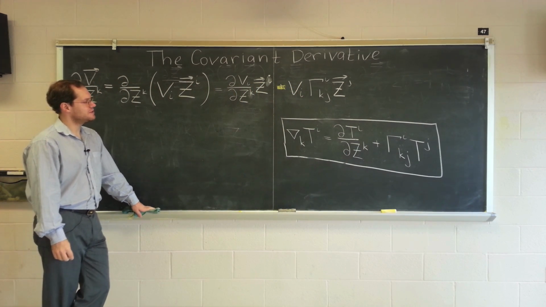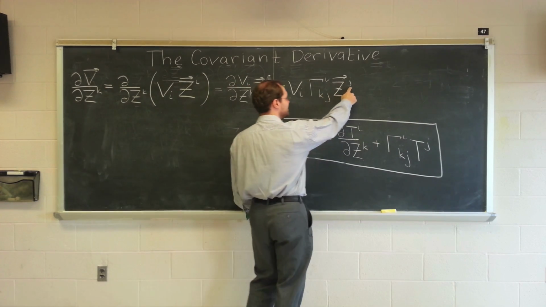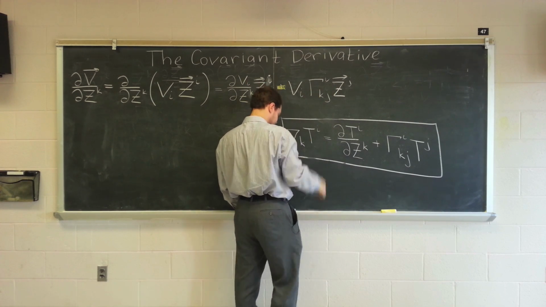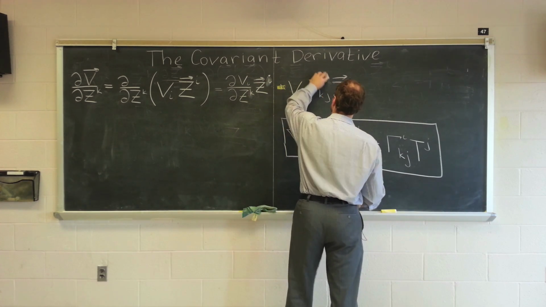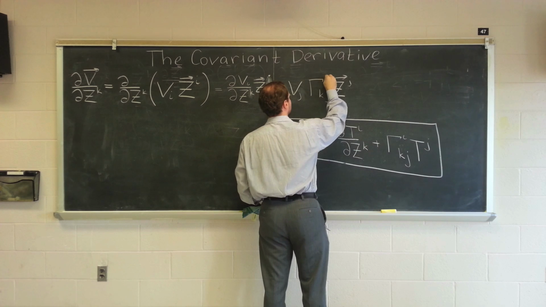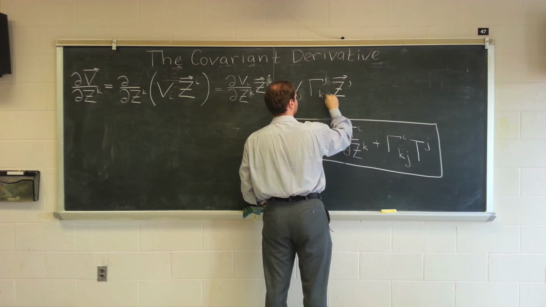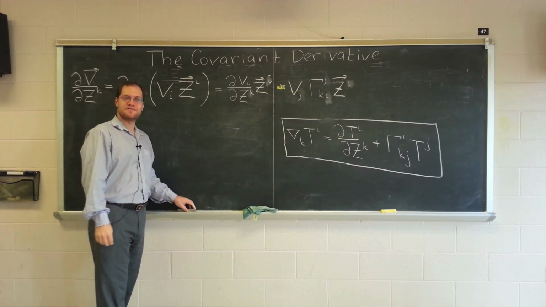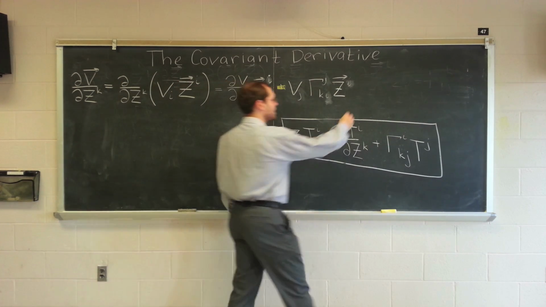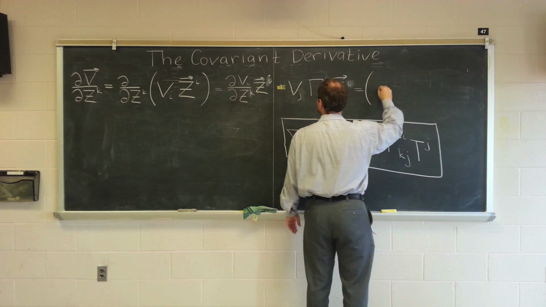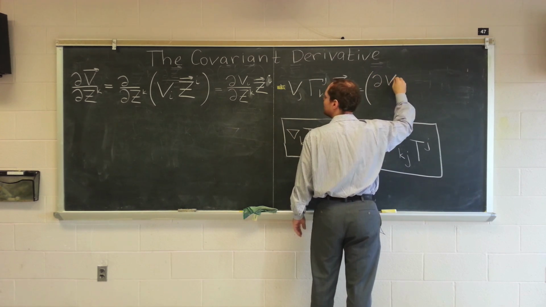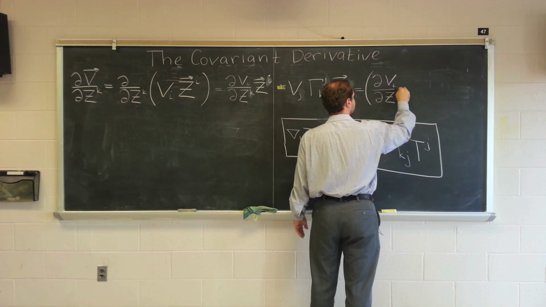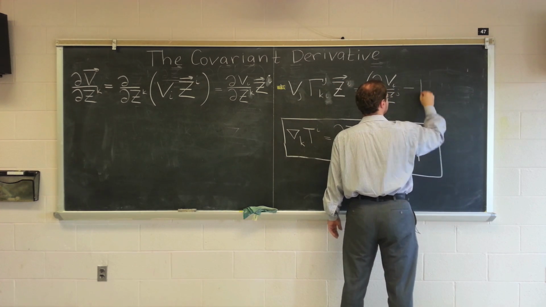Okay, great. And I would once again want this to be ZI. I want this to be ZI, so I will rename I into J and J into I. And I can now factor out Zi, and what I'll have left inside will be a tensor. So dvi dzj minus gamma.